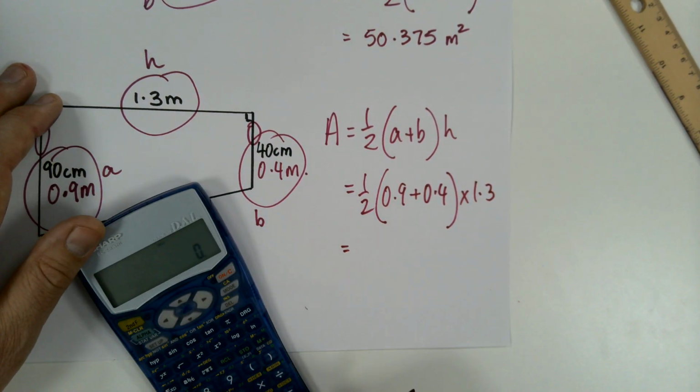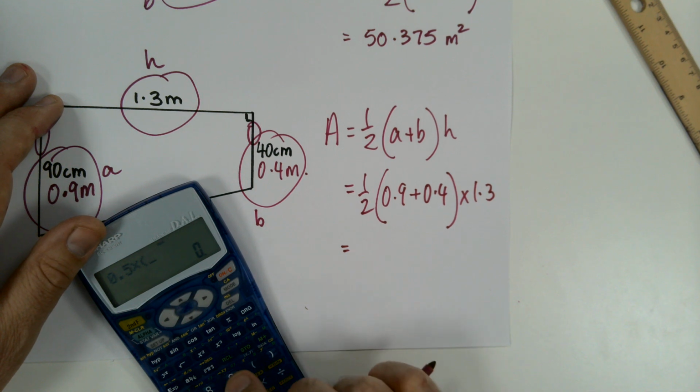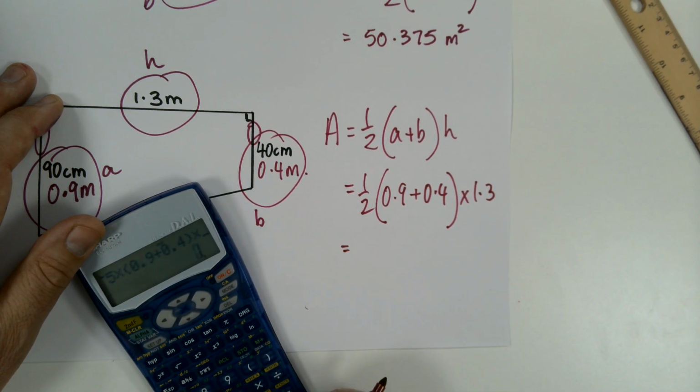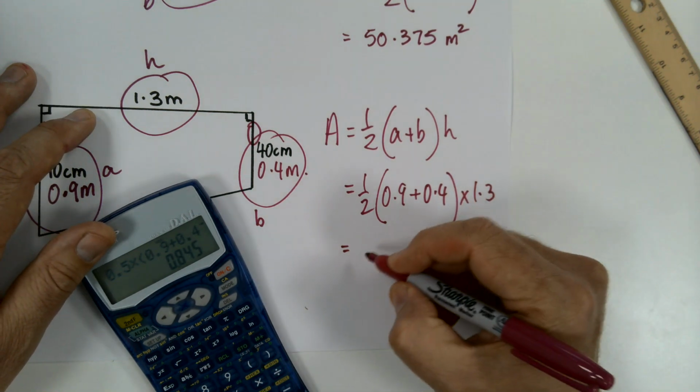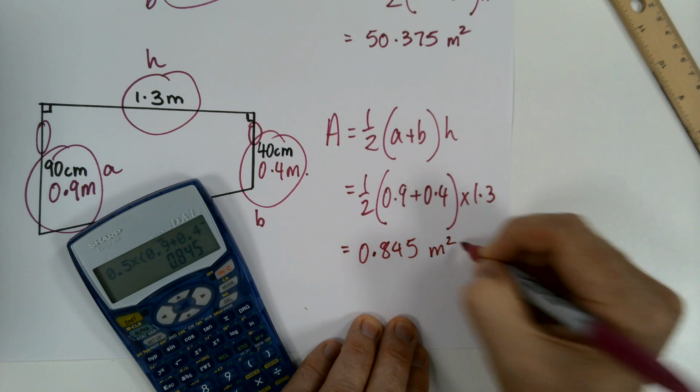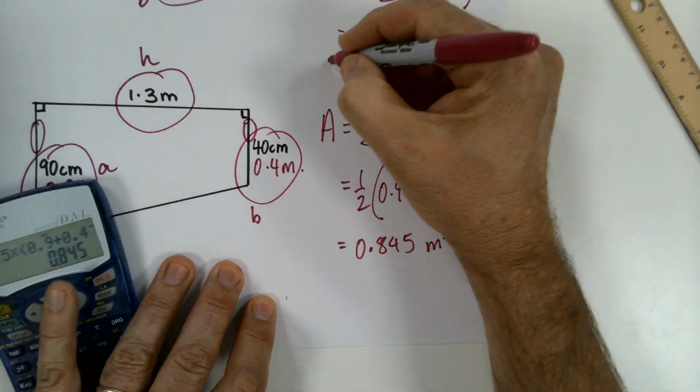Feed all that in: 0.5 times, open the bracket, 0.9 plus 0.4, close the bracket, times by 1.3, 0.845 meters squared.